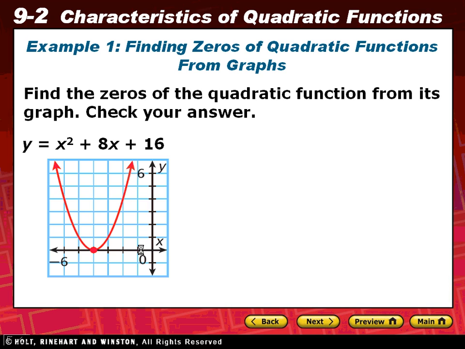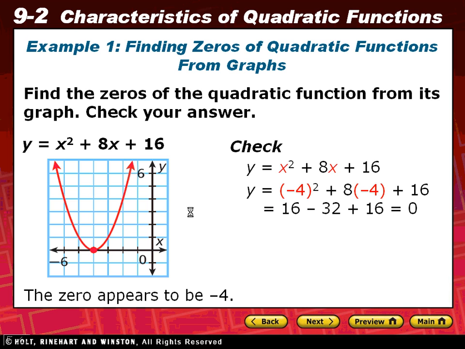So the 0 of this function is found where x is equal to -4. And we could verify that by substituting -4 in place of x in the function. By doing that, we would get the value y equals 0. So it does check.